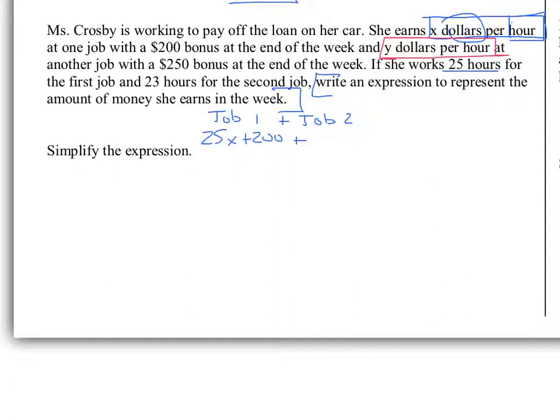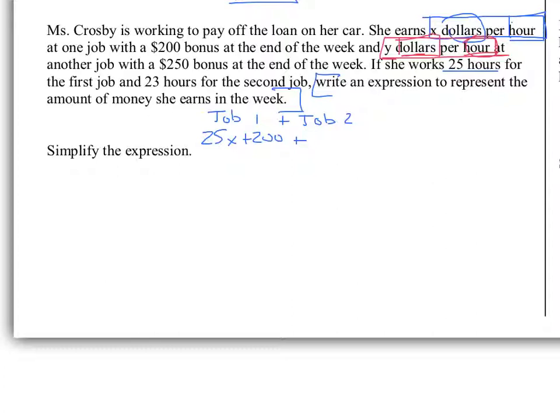So again, we see that rate here, dollars per hour, which means if I want to find out how many dollars, I can multiply it by number of hours. So how am I going to represent how much money she earns in her hourly wages at her second job? Monica.